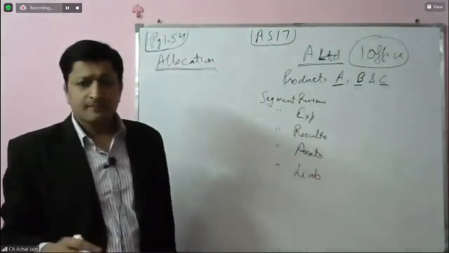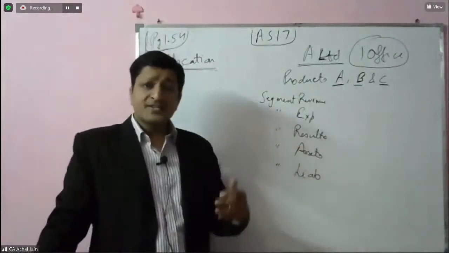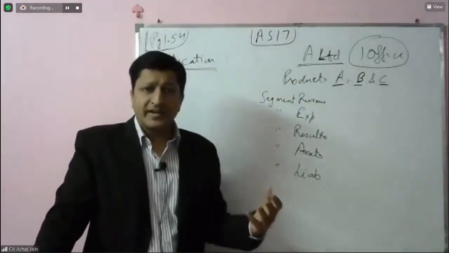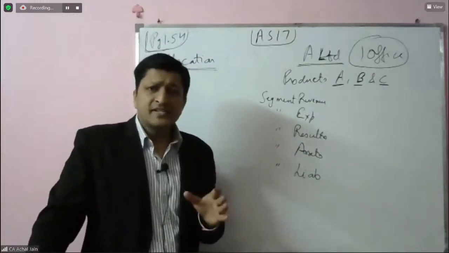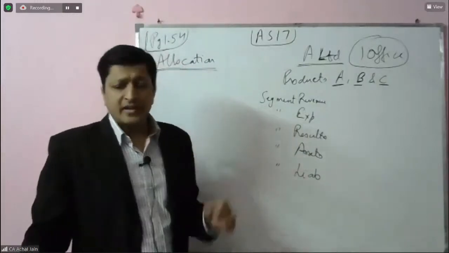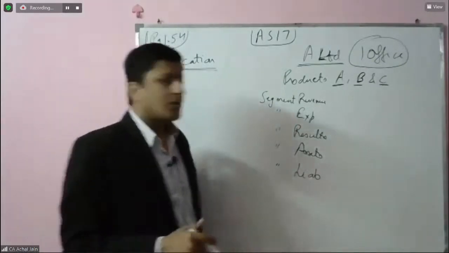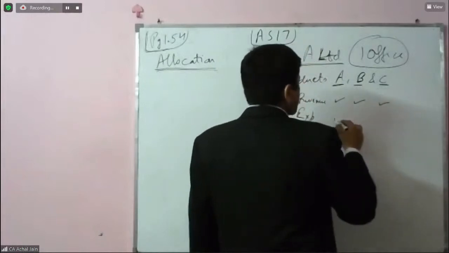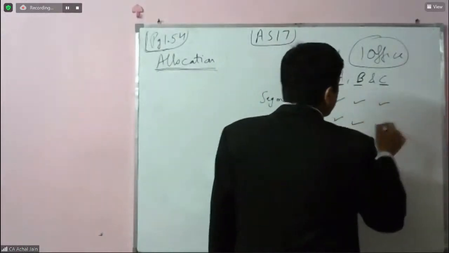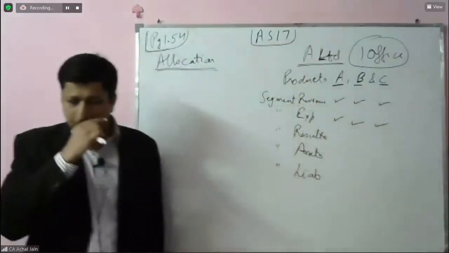In this case, let's just try to think about it practically. The company will be easily able to identify the revenues of various products and the expenses in relation to various products.